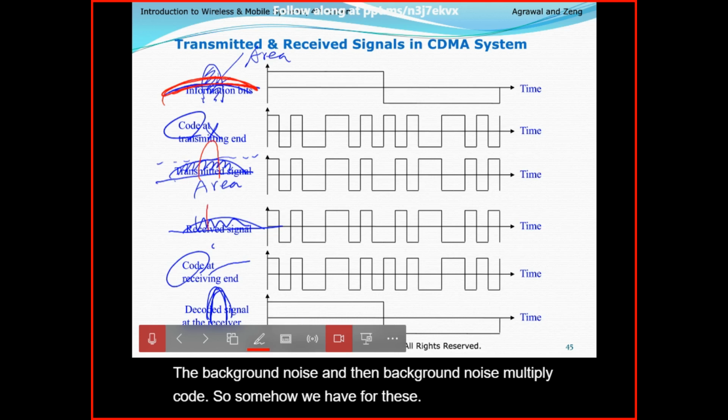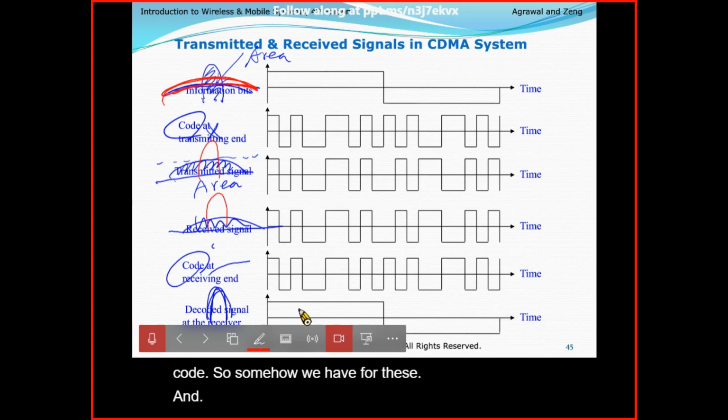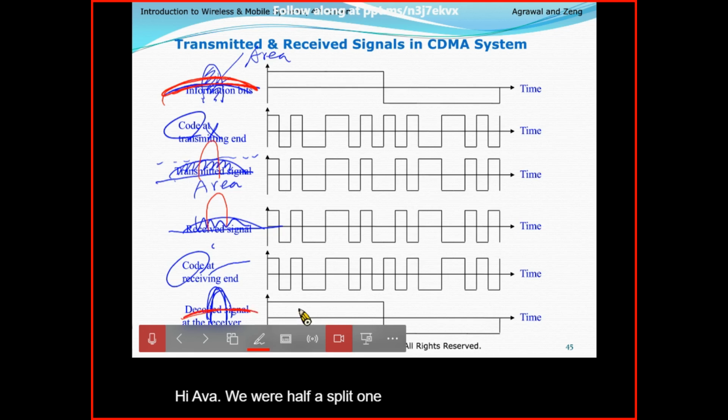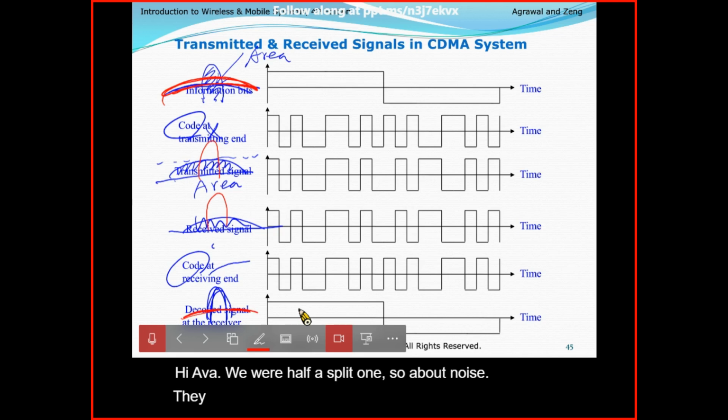And again, however, we will have a spread one. So about noise, actually, it won't affect a lot. So that's why we still can recover the signal.